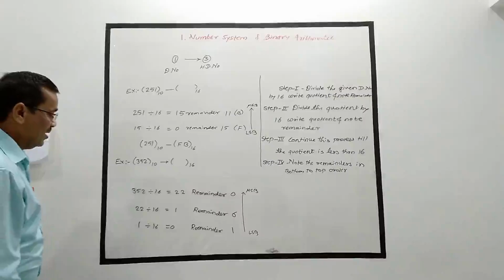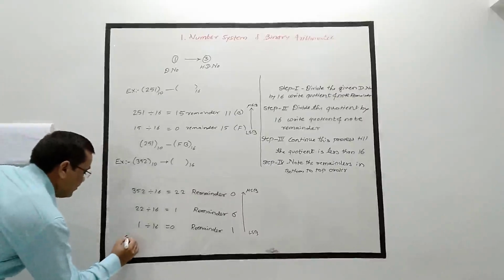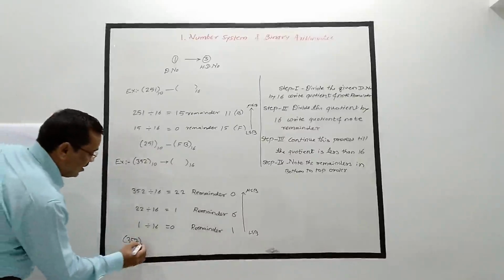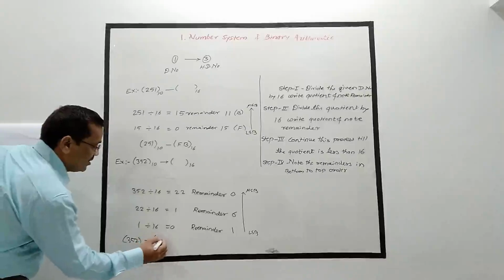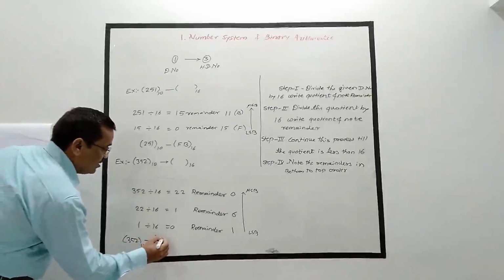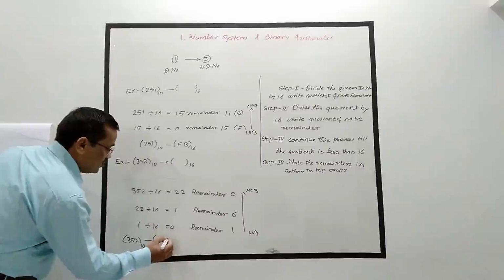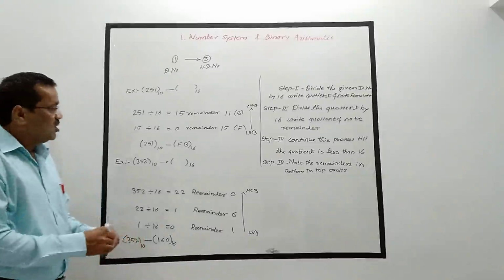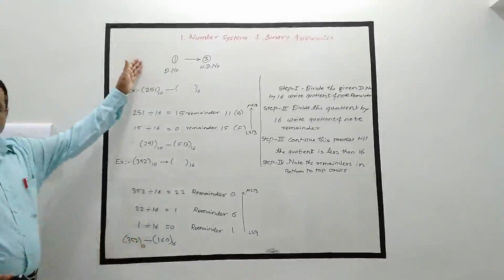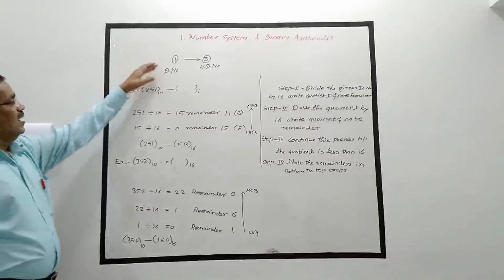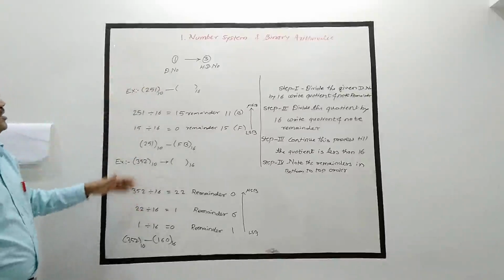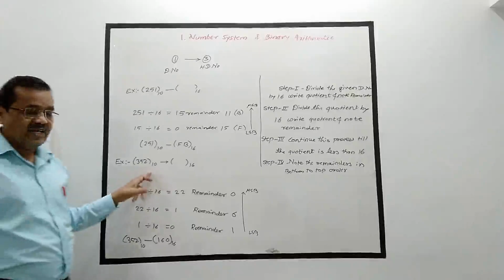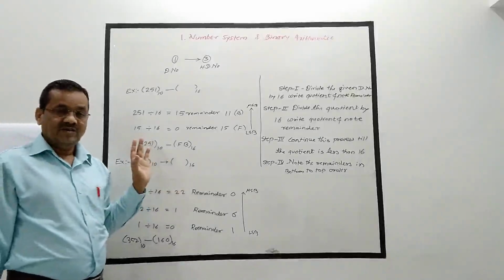So write the number: 352 of decimal is equivalent to 160 of hexadecimal number system. So in this way we can convert the decimal number into its hexadecimal equivalent number.